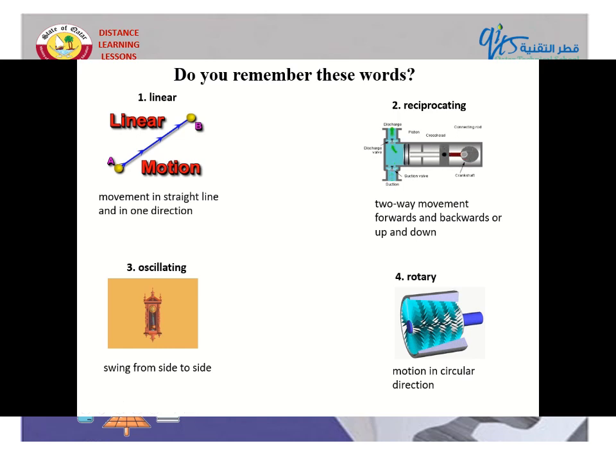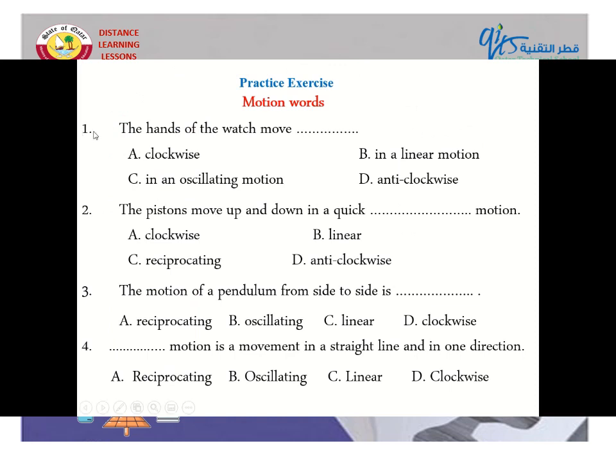Now, let's answer some questions on motion. Number 1, the hands of the watch move. This should be very easy. The answer is A, clockwise. Number 2, the pistons move up and down in a quick motion. Movement up and down is reciprocating motion.